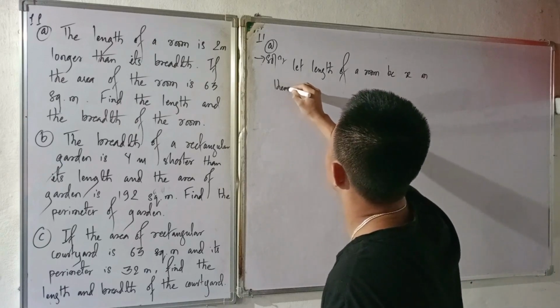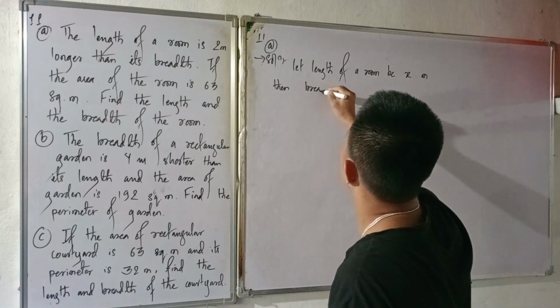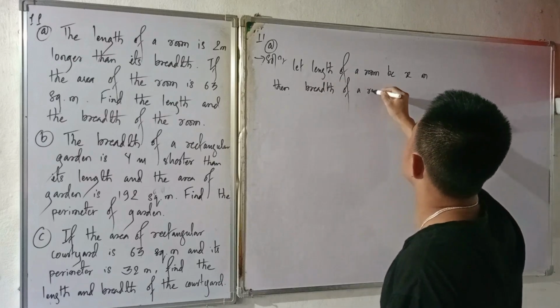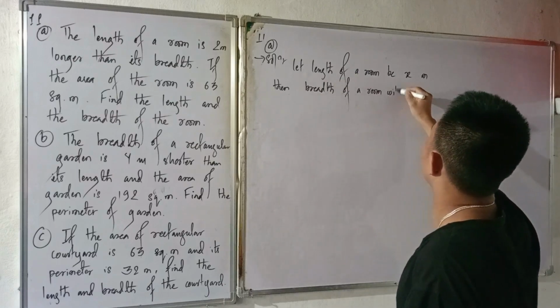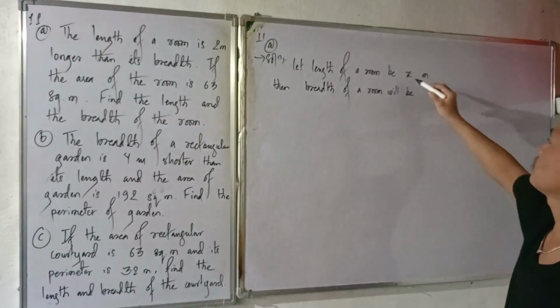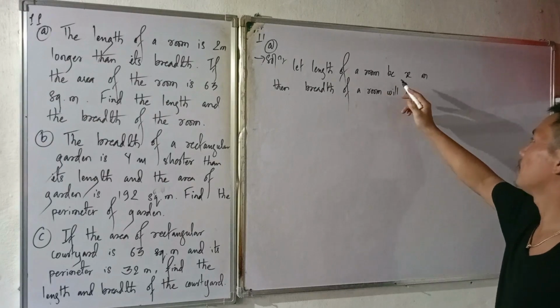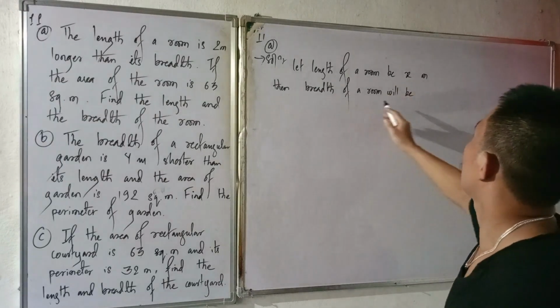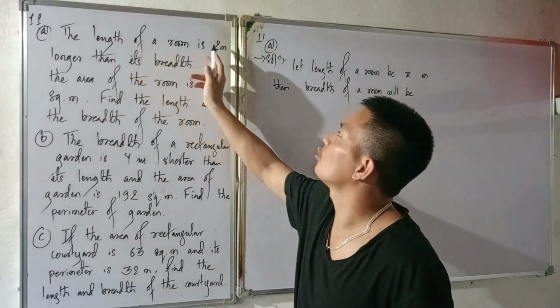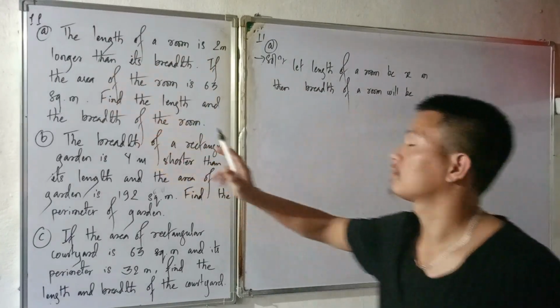Then the breadth of the room will be, what is mentioned here, the length of a room is 2 meter longer.